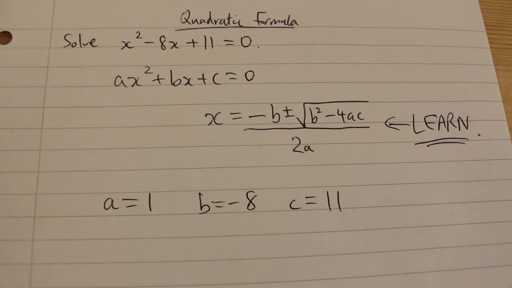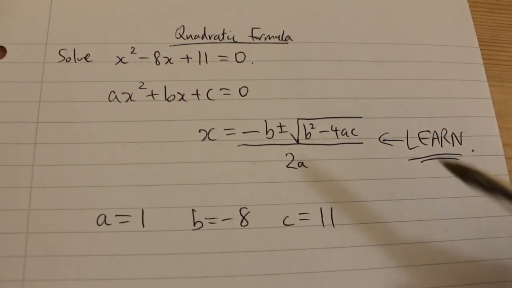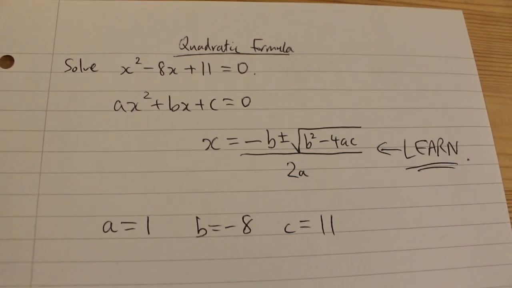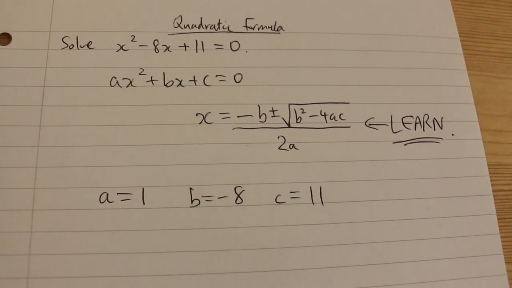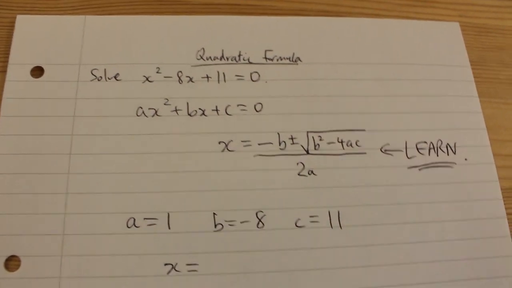And now we can just plug our three numbers, a is 1, b is minus 8, and c is 11, into this formula here. So from the formula, we're going to have x.